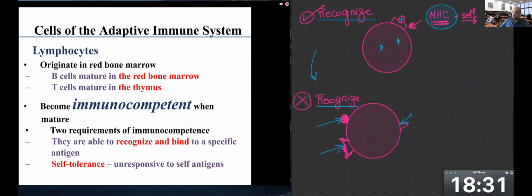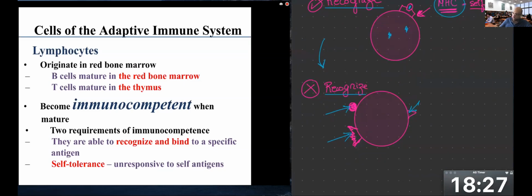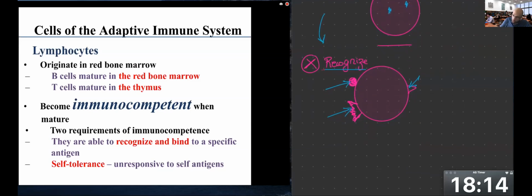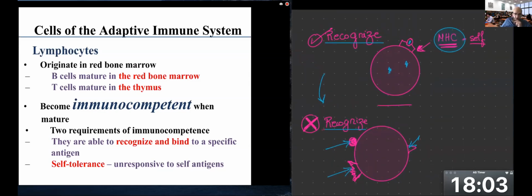If you were able to recognize the MHC, you're going to graduate from this class and pass to the second half of the class, which will be testing your ability to not recognize any other self antigens other than MHC. Is this clear?